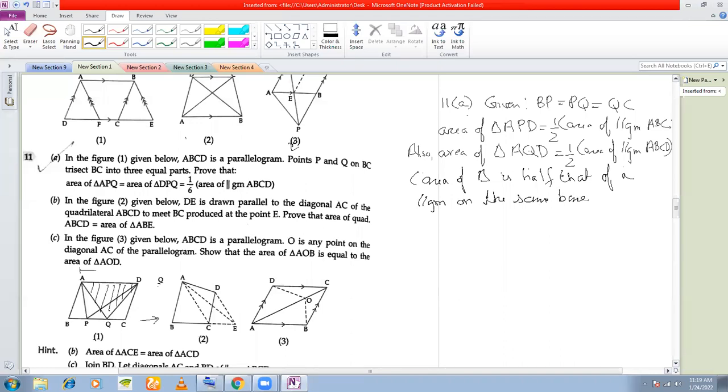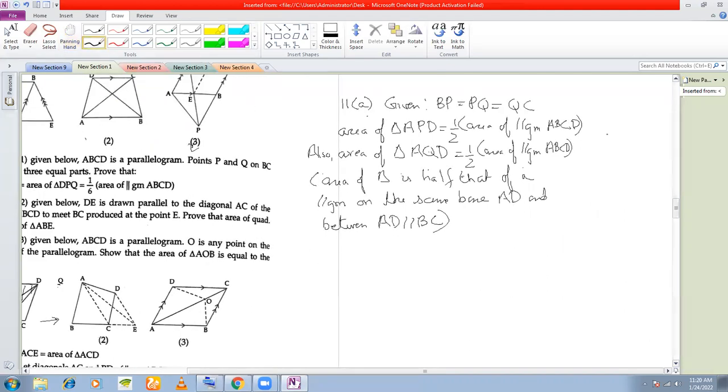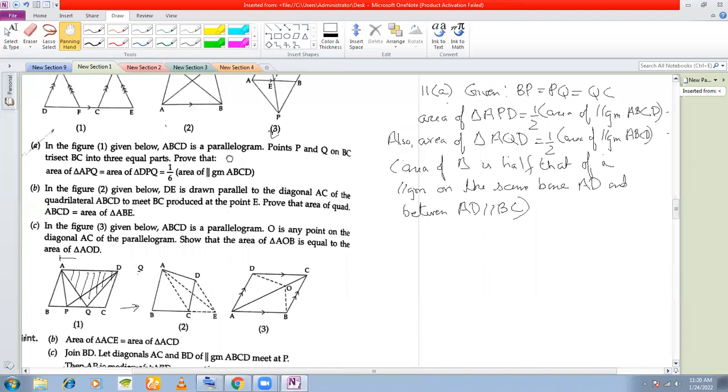And which one is the base here? AD. And between what parallel lines? AD parallel to BC. Fine. So let's call this 1 and let's call this 2. We are going to use this a little later.